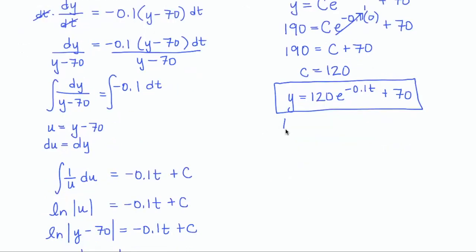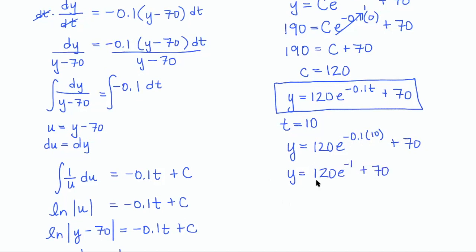All I'm going to do is substitute t equals 10 into my differential equation. 10 times negative 1/10 is just going to be negative 1. And if you type this into a calculator, you will get the decimal approximation 114.146 degrees Fahrenheit. So after 10 minutes, that would be the temperature of the coffee.